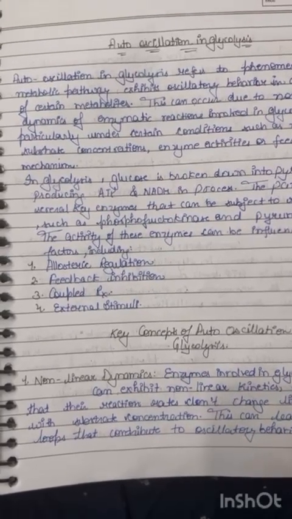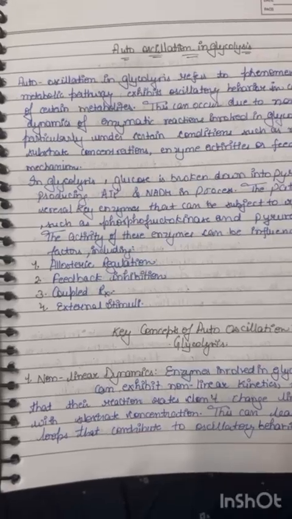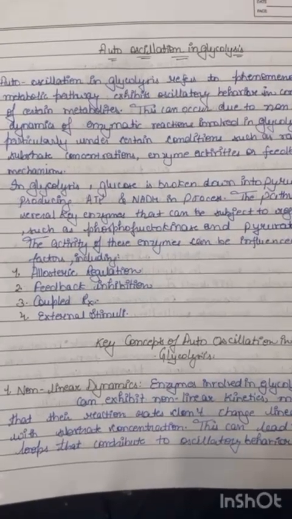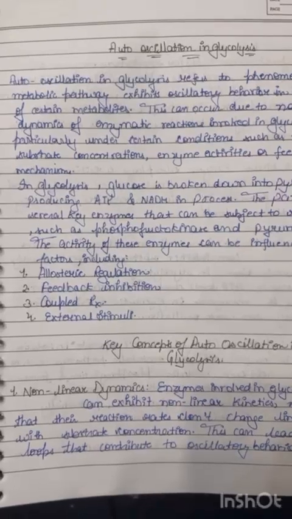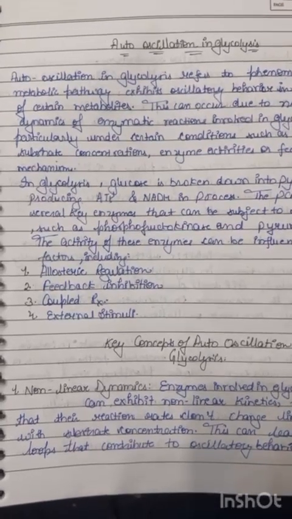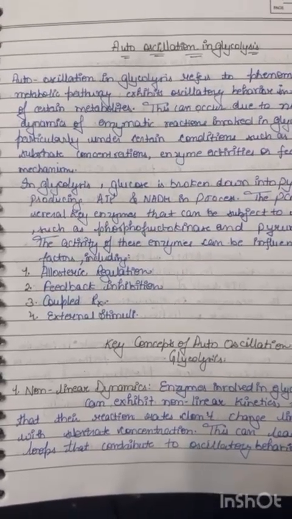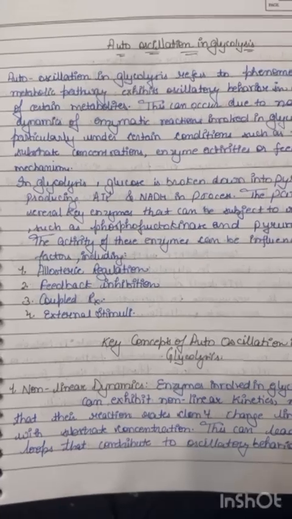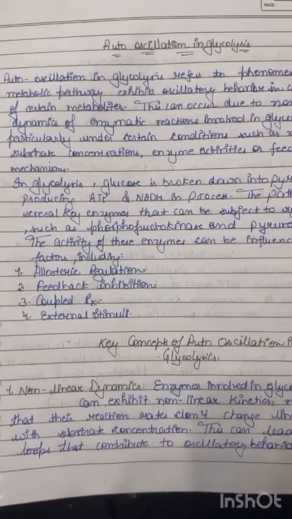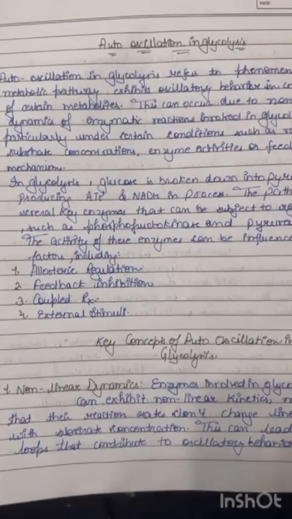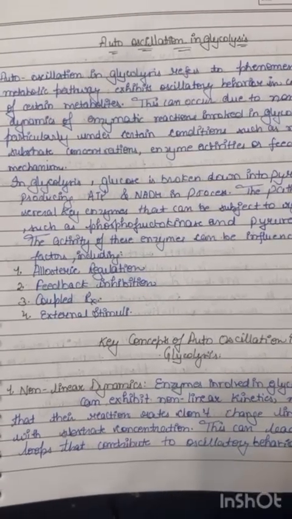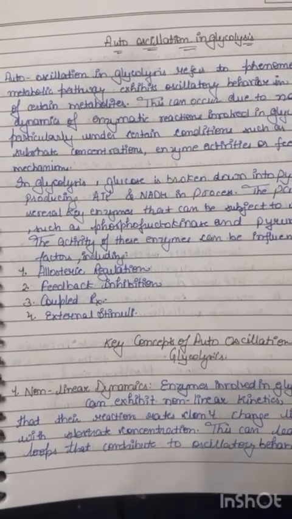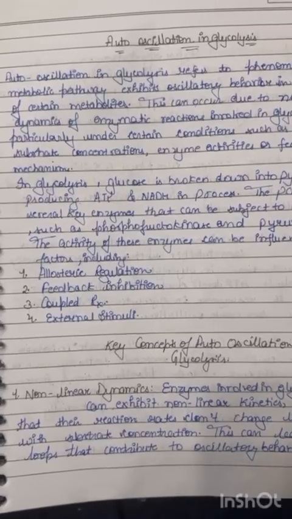In glycolysis, glucose is broken down into pyruvate, producing ATP and NADH in the process. The pathway involves several key enzymes that can be subject to regulation, such as phosphofructokinase and pyruvate kinase. The activity of these enzymes can be influenced by various factors including allosteric regulation, feedback inhibition, coupled reactions, and external stimuli.